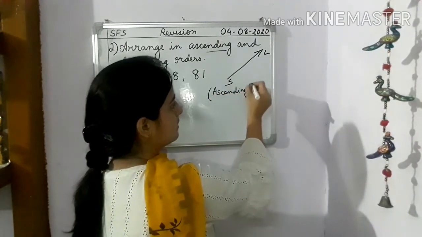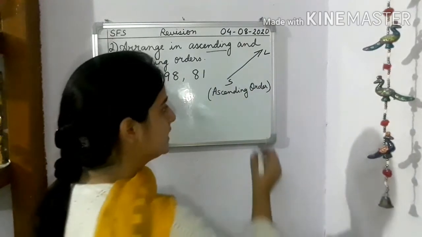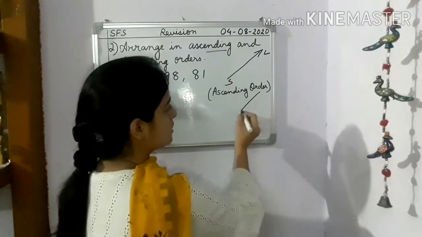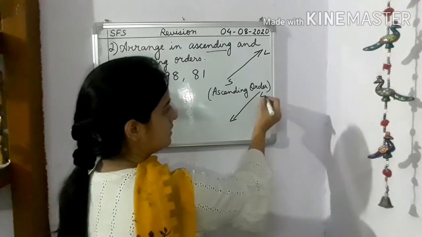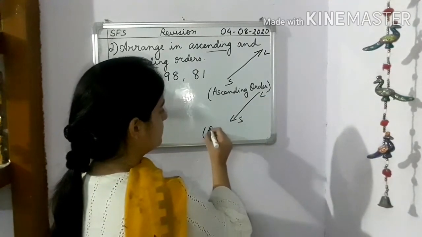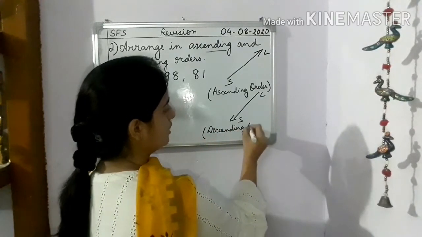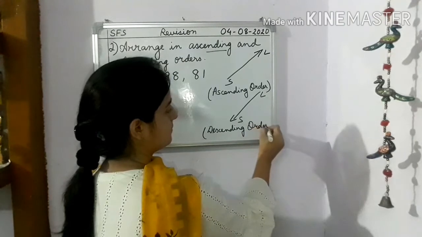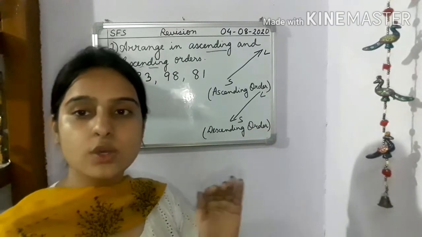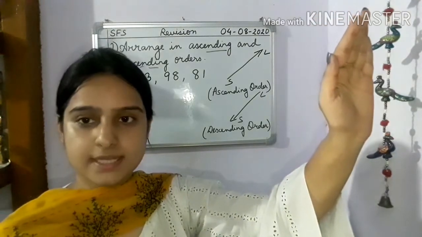Ascending order. Okay? And the numbers arranged from largest to smallest, largest to smallest, is your descending order. Okay, when you go upstairs, children, you go from down to top, isn't it?